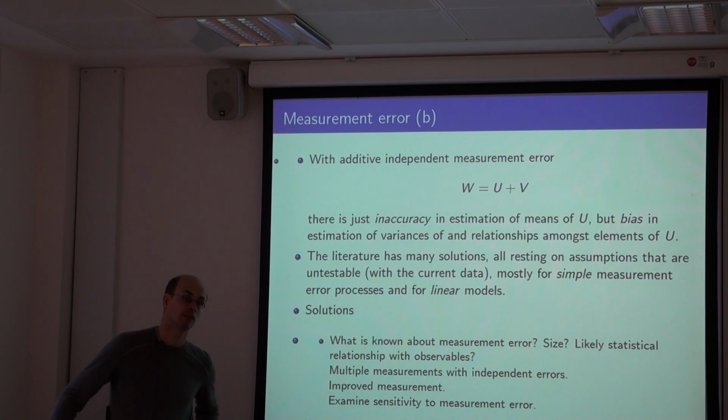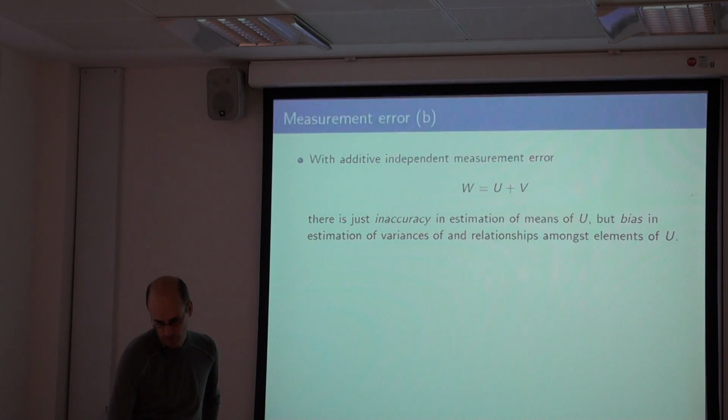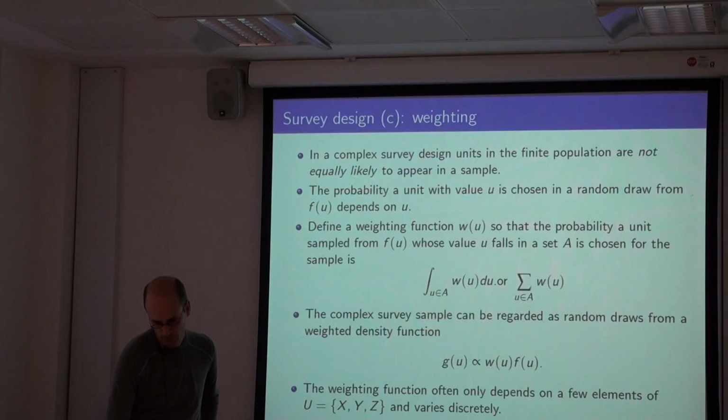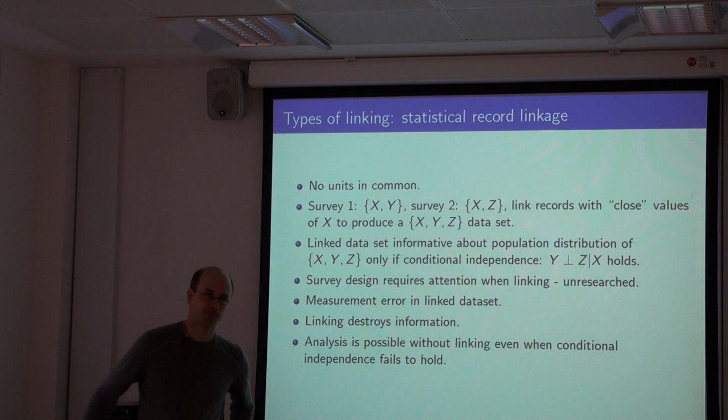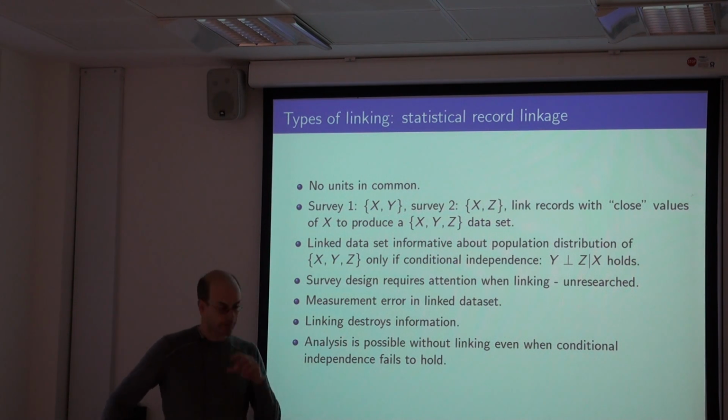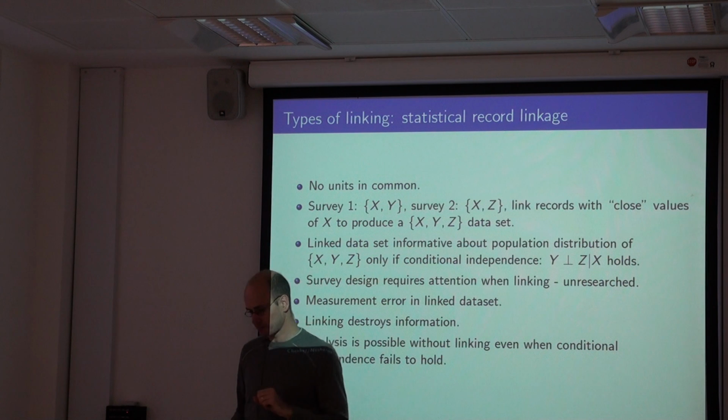You mentioned on a much earlier slide on statistical record linkage a case where there were no units in common, but they did both have X measured. Could you clarify what you mean by that?